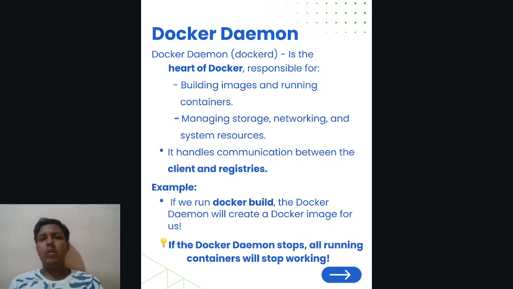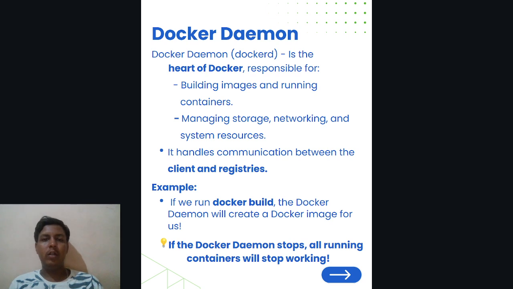So what exactly is the Docker daemon? We have been talking about what the Docker daemon does. Dockerd is the heart of Docker, responsible for building images, running containers, and managing storage. It's like the hypervisor we use in virtualization or VMs.